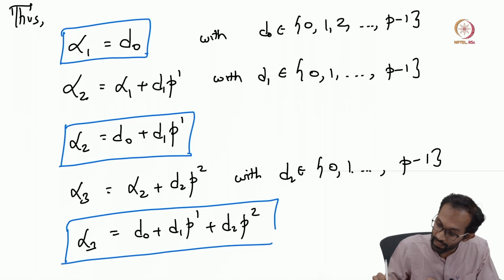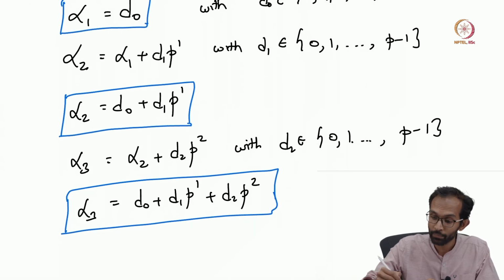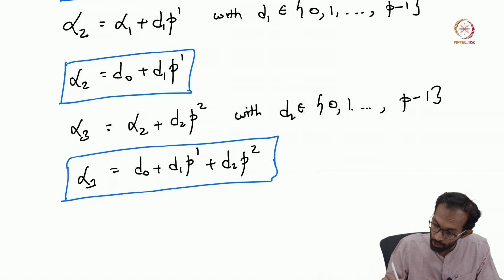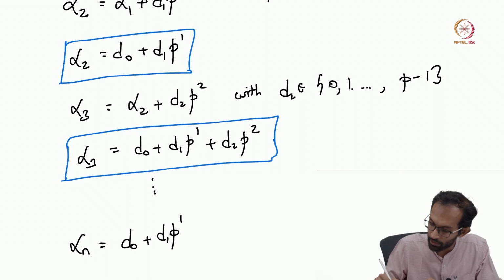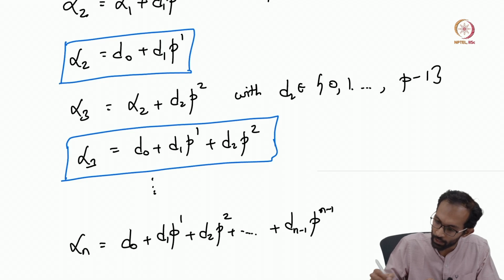Okay, so you see that at each successive step, you add a power of p that's larger than the previous step, and then you multiply that with the digit that's between 0 and p minus 1. So in particular, at the nth step, you have d0 plus d1 p raised to 1 plus d2 p squared, and so on and so forth, dn minus 1 p raised to n minus 1.